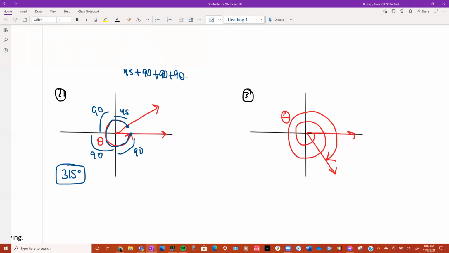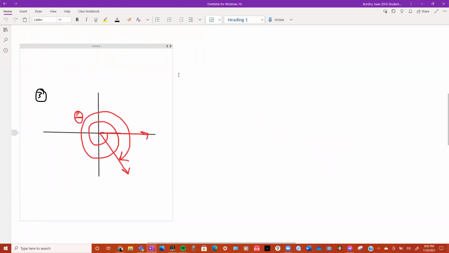All right, the next one is number 3. This one's a little bit crazy, because it's going to be greater than 360 degrees since we have multiple rotations. This time it's going clockwise, because it starts here and then keeps going, and then it ends right here.